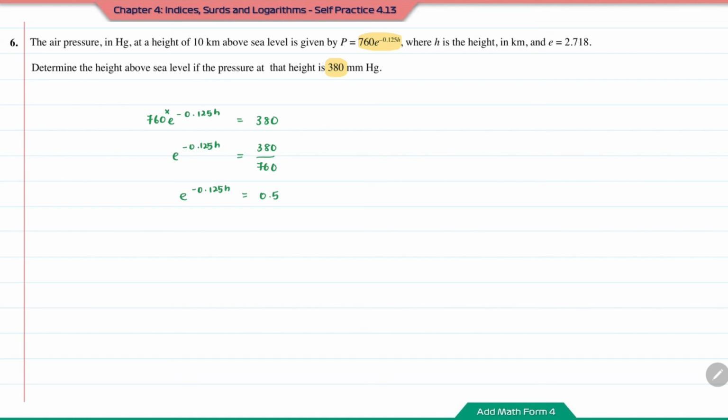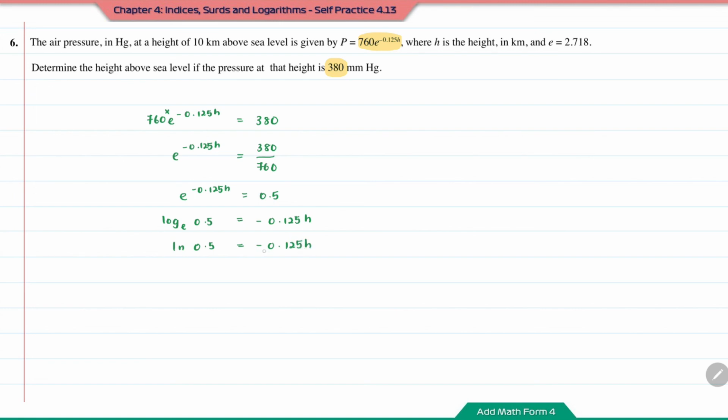So here is written in index form, so we can change it to log form. So here I can write it as log base e of 0.5 equal to negative 0.125 h. So log base e, we can write it as ln 0.5.